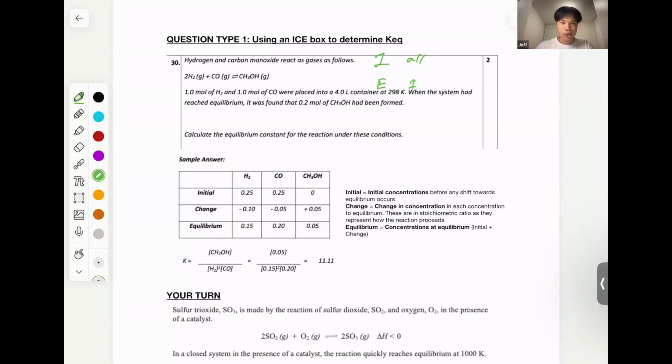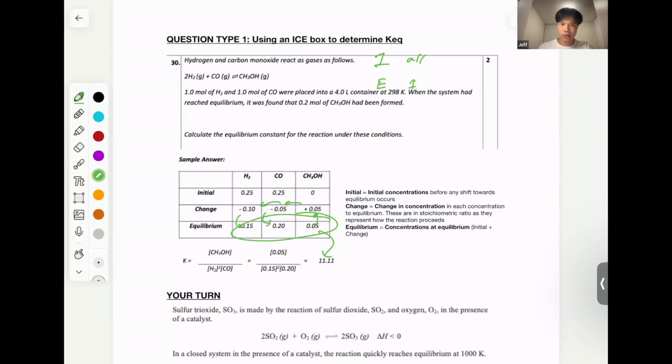It's just a matter of inserting in the initial concentrations, inserting in the equilibrium concentration, finding the change, using the stoichiometric ratio of the equation to find the other changes, and then finding the end concentrations by using the changes. Once you find the equilibrium concentrations, you can put them into your K expression and you have whatever number it'll be. So nothing too complicated with this first question type either.